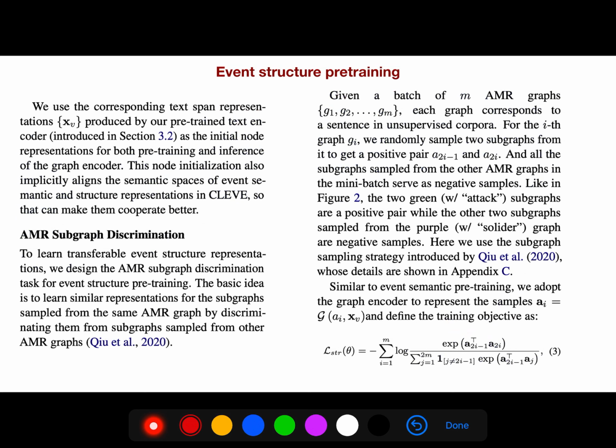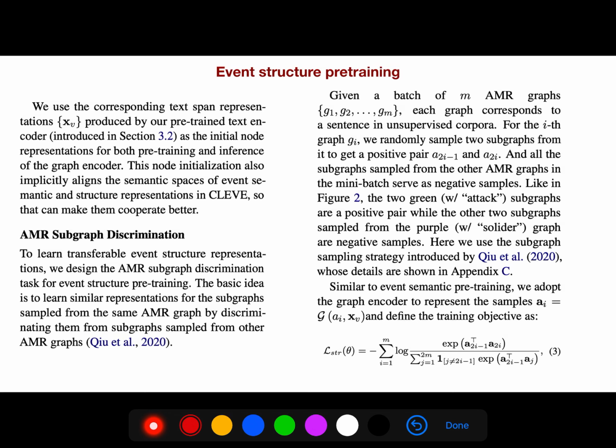And then they use AMR subgraph discrimination, because to learn transferable event structure representation, we designed the AMR subgraph discrimination for event structure pre-training. The basic idea is to learn similar representation for the subgraphs sampled from the same AMR graph by discriminating them from subgraphs sampled from other AMR graphs.